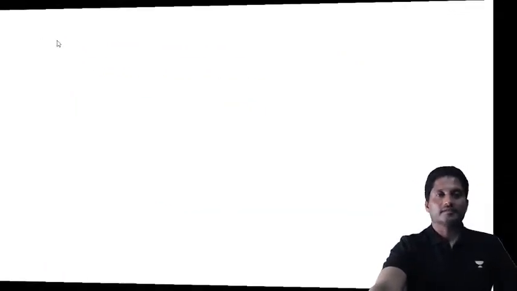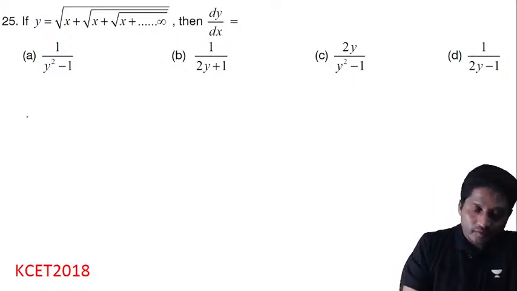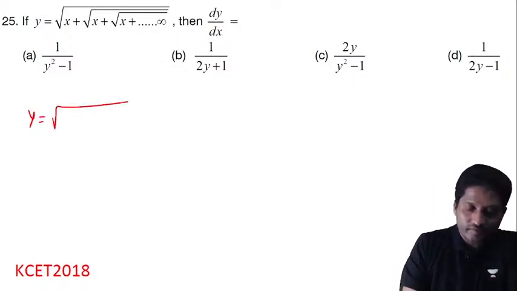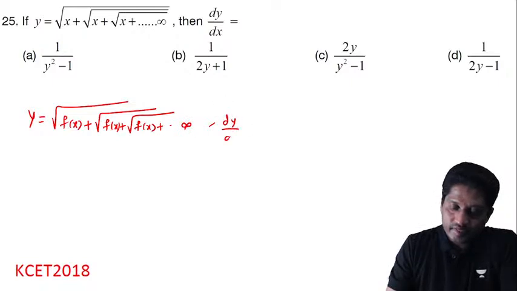The next question. See, suppose you have y is equal to root f x plus root f x plus root f x, and so on up to infinity. dy by dx is equal to f dash of x divided by 2y minus 1.